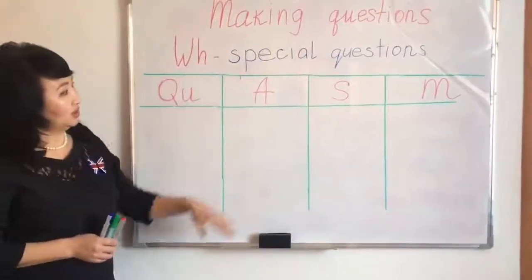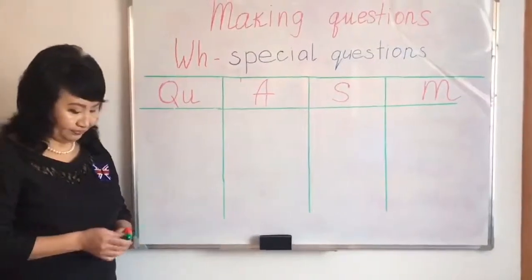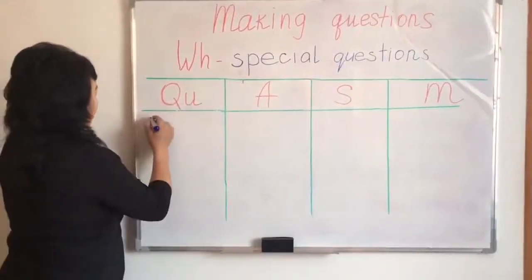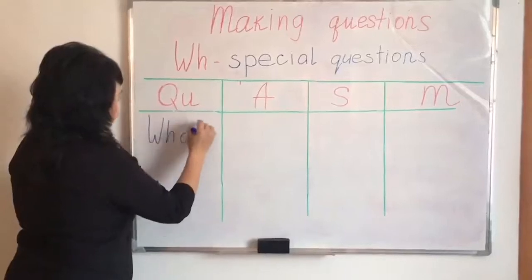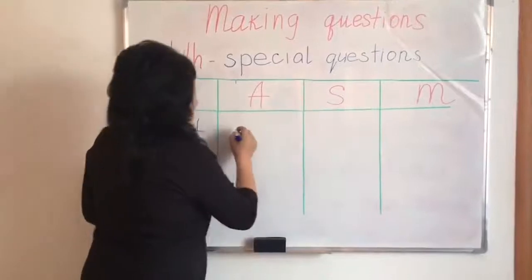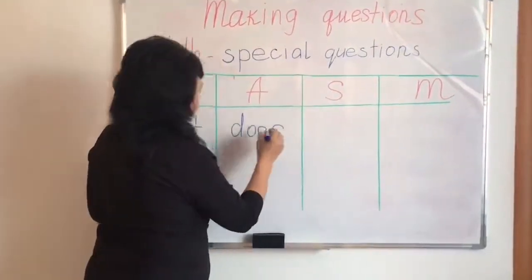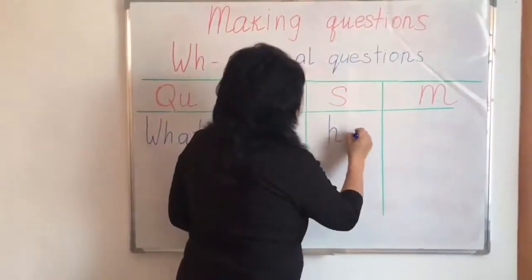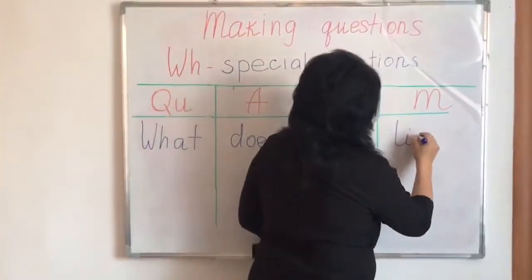We'll call this chart quasm. For example, to make a sentence beginning with WH: what, it's the question word. Then does, the auxiliary, the subject he, like, the main verb.